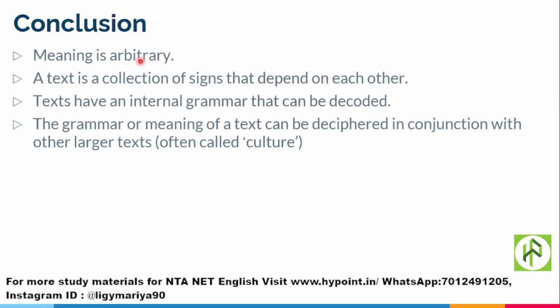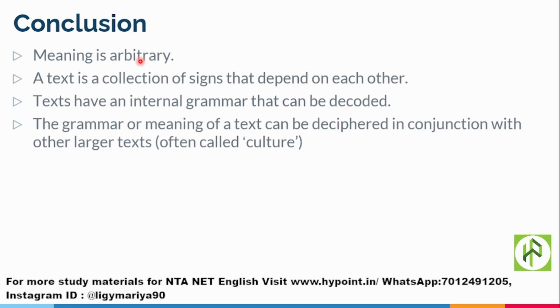A text is a collection of signs that depend on each other. This is what I call relational. Signs are not dependent upon themselves, but upon each other. The signs in a system of language depend on each other and arrive at meaning, since the relation between a sign and its meaning is arbitrary.